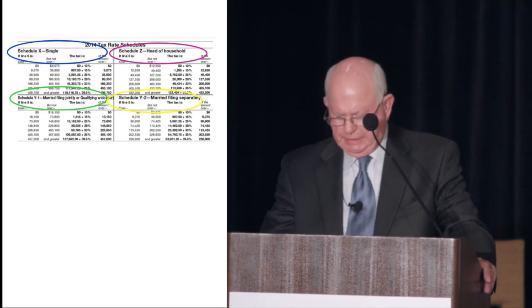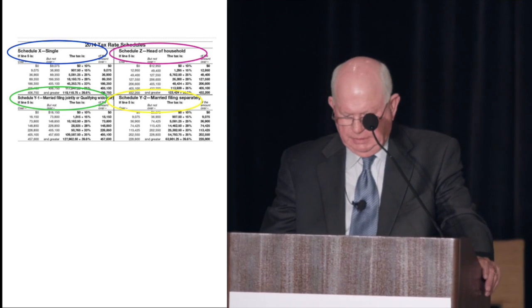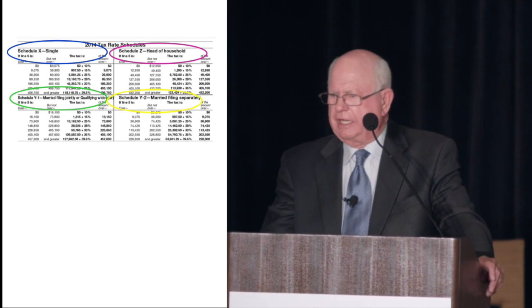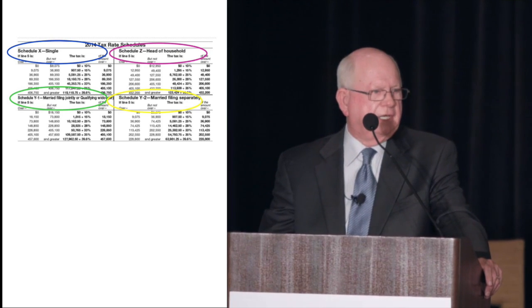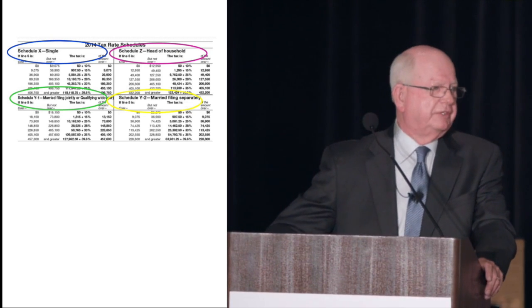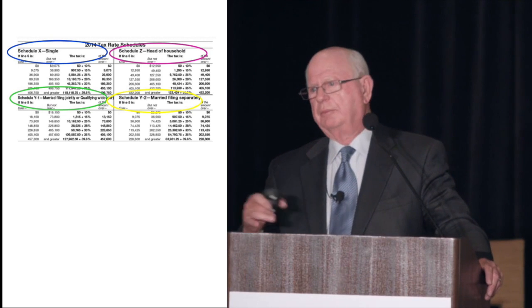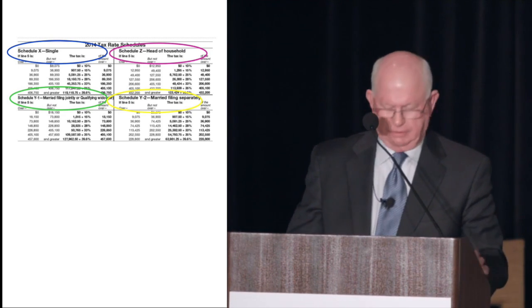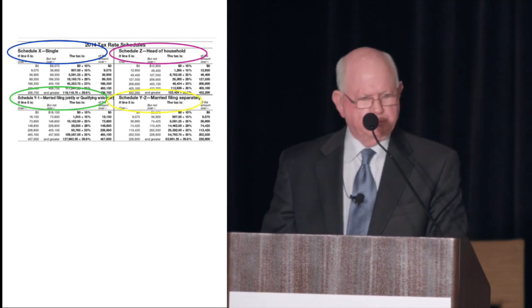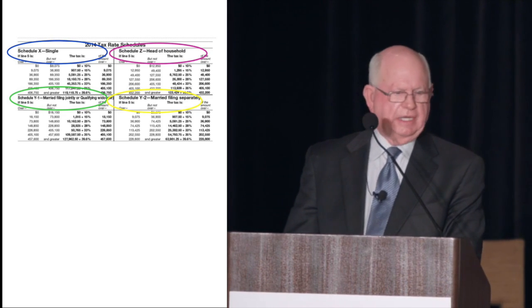Taxpayers do not pay income tax, as David mentioned, based on marginal tax rates. How many times have you ever heard anybody say, I'm now in the 39.6% tax bracket, or I'm in the 25% tax bracket? That's not the case. We all pay taxes based upon average tax rates.